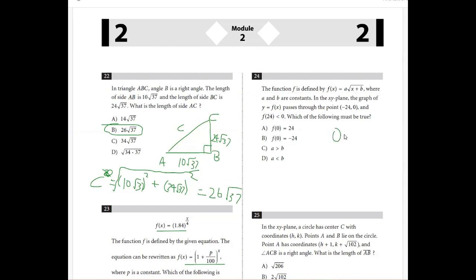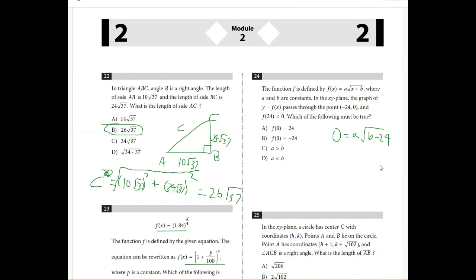So 0 is equal to a times b minus 24, and it says f of 24 is less than 0.